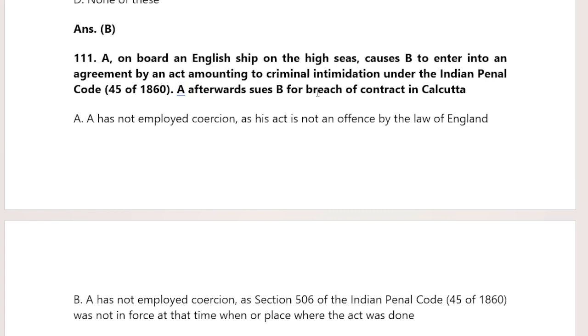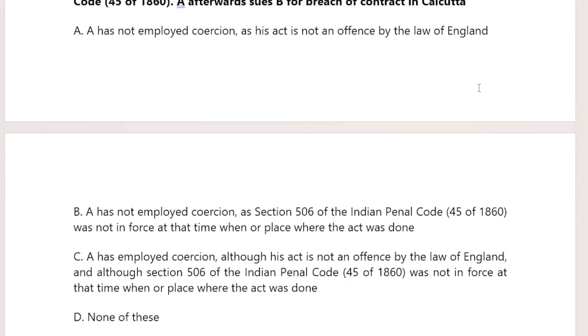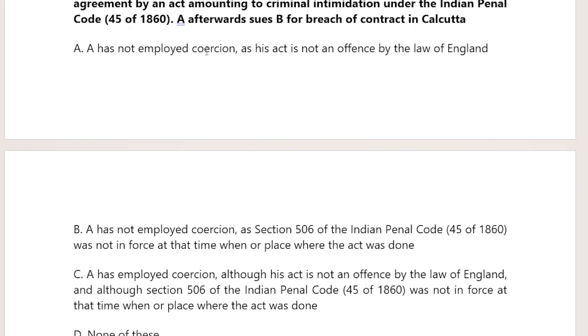Afterwards sues B for breach of contract in Kolkata. Then what are the options? Option A: A has not employed caution as his act is not an offence by the law of England.